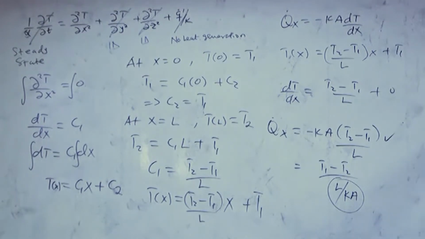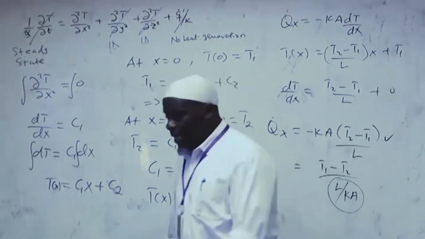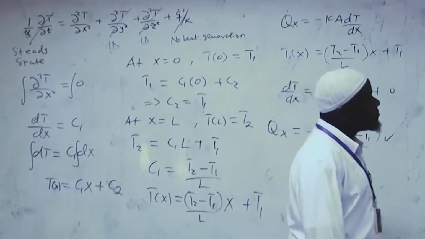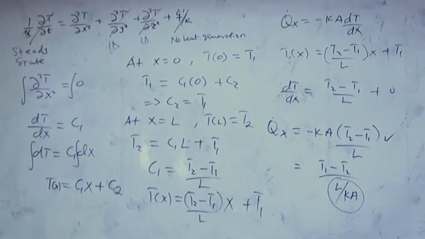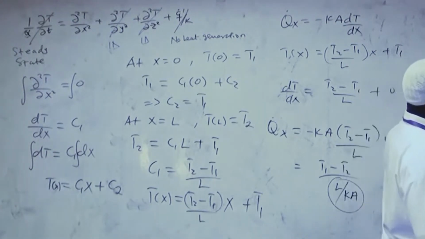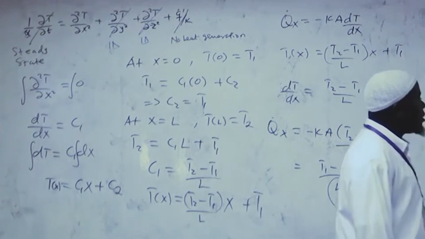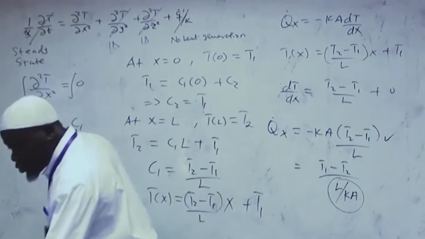Now you substitute c1 and c2 into the general equation, and eventually we will be left with this equation. So this is the general equation when there is heat generation within the element. Now, if we want to determine the heat transfer within the element by virtue of this temperature distribution, then it is going to be like this.